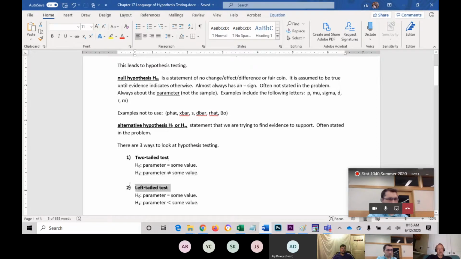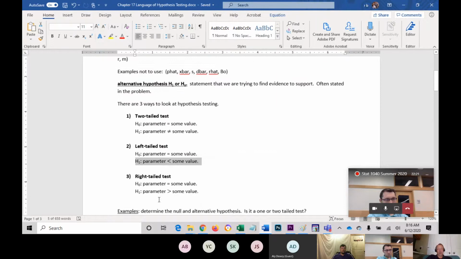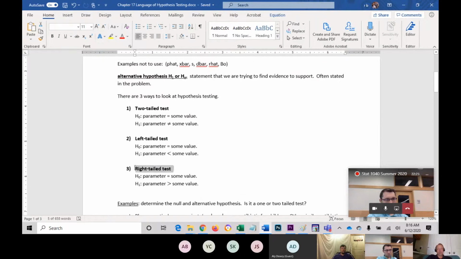You could do a left-tailed test. Your null hypothesis is going to be the same, but in this case, your alternative hypothesis is going to be less than some value. Or you could do a right-tailed test where your parameter equals some value and your alternative hypothesis is greater than, okay?